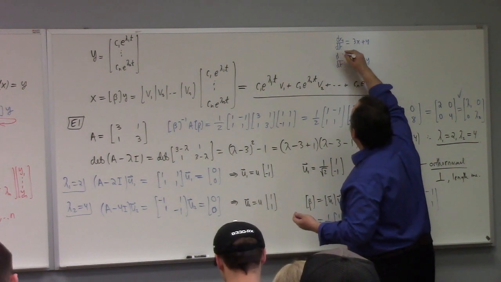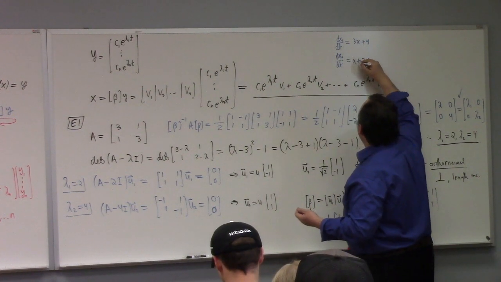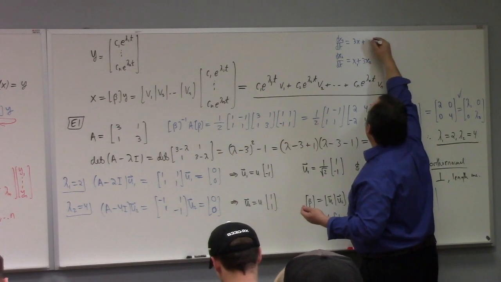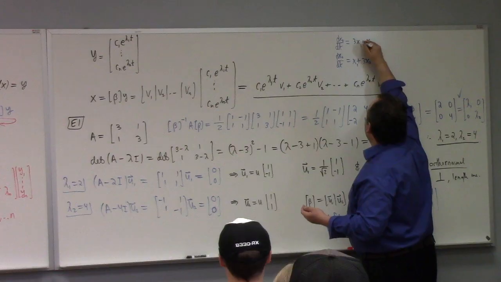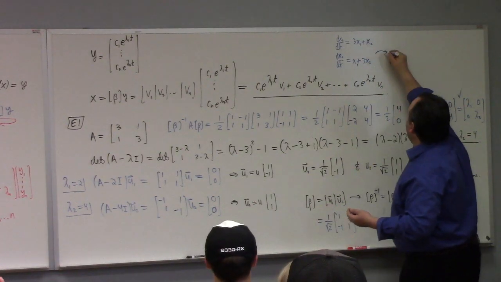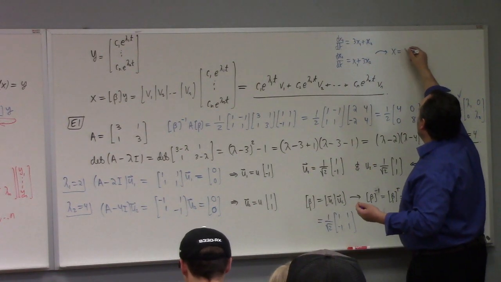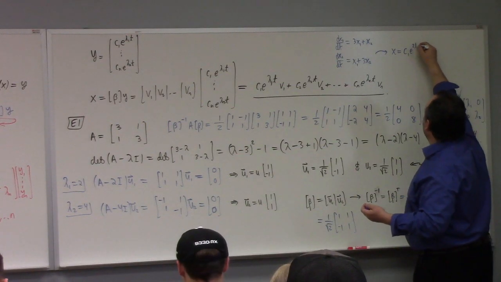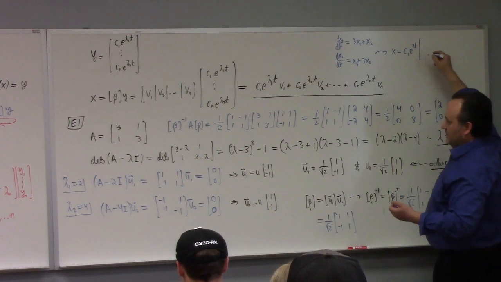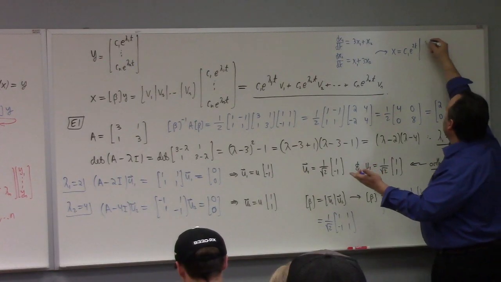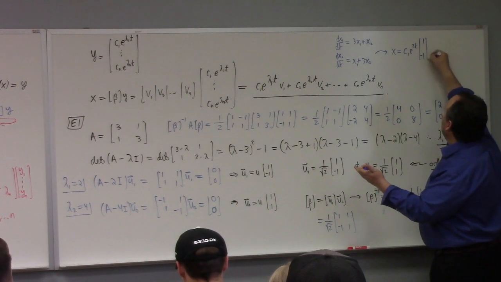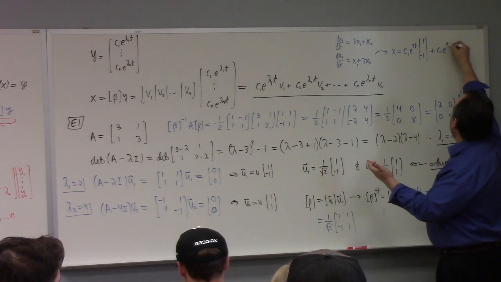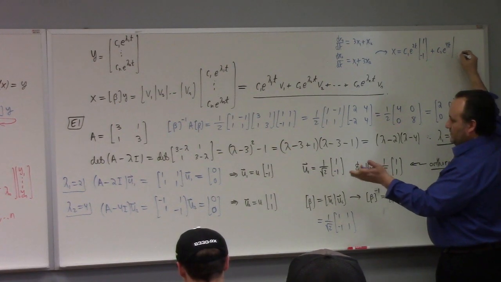I'll use x1, x2, so the notation comports with what we were doing. Then my solution is x is c1 e to the 2t, my u1 vector, plus c2 e to the 4t, my u2 vector.